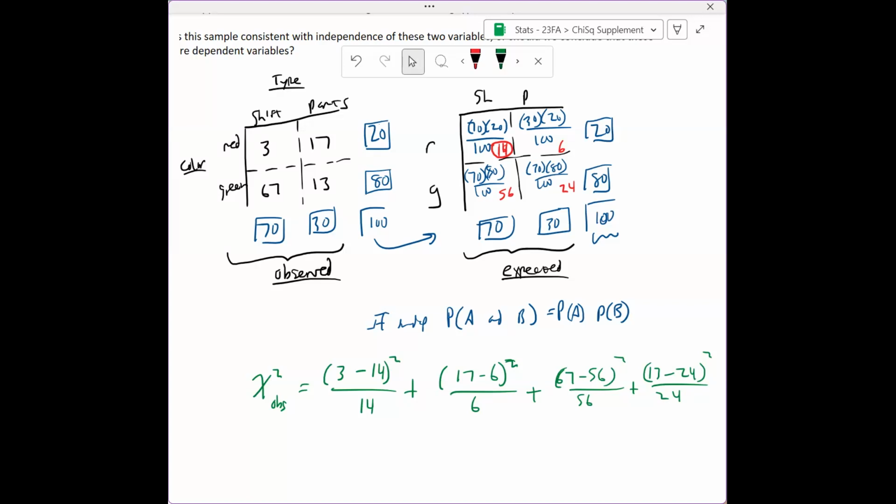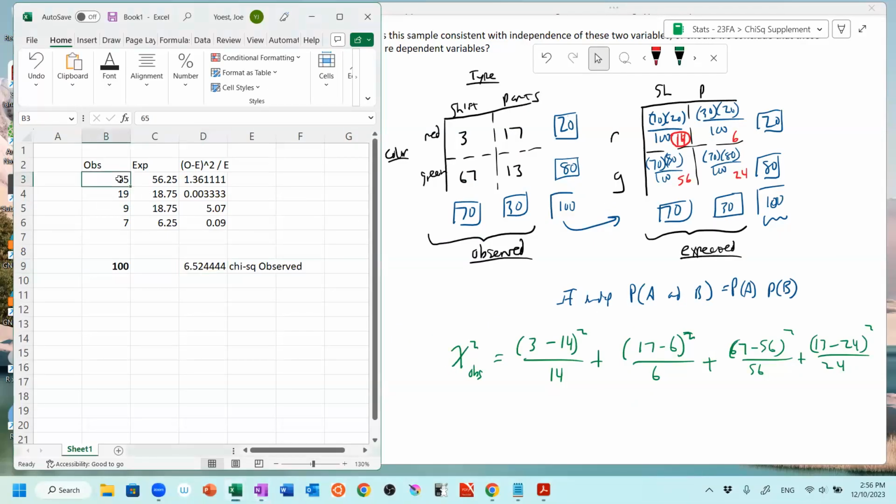Okay, let me switch my share back again here. So essentially, I can come over here and I can just hijack this same Excel spreadsheet. So I have 3, 17, 67, and 13.